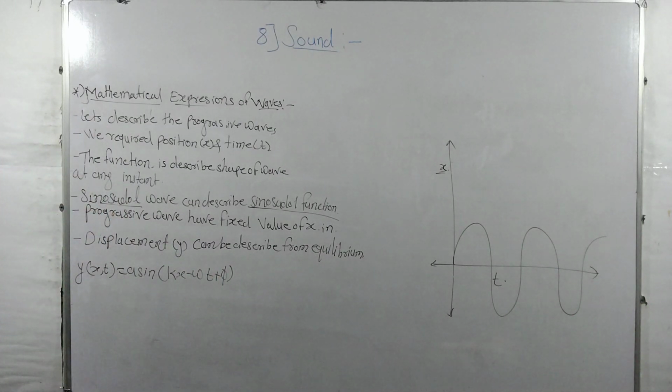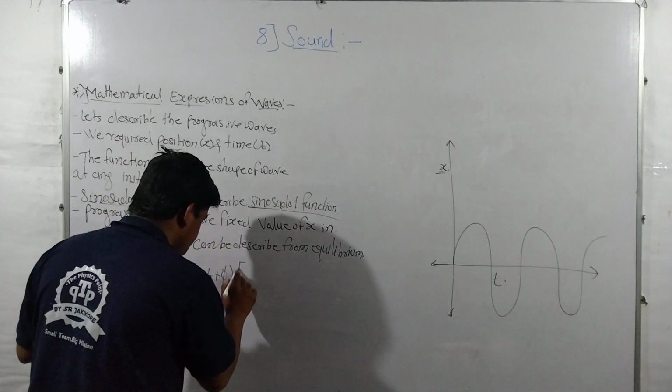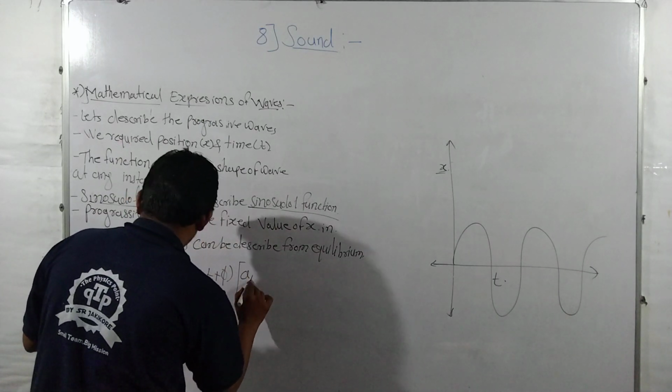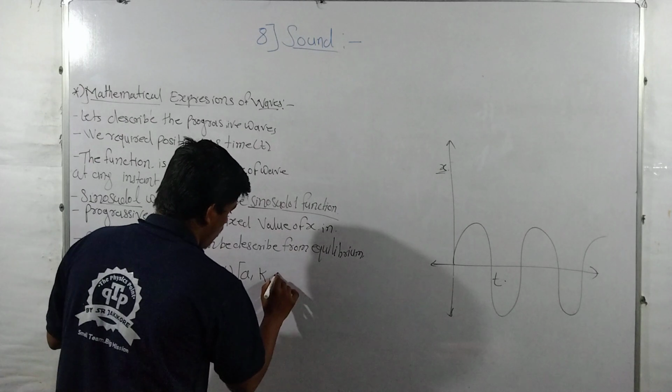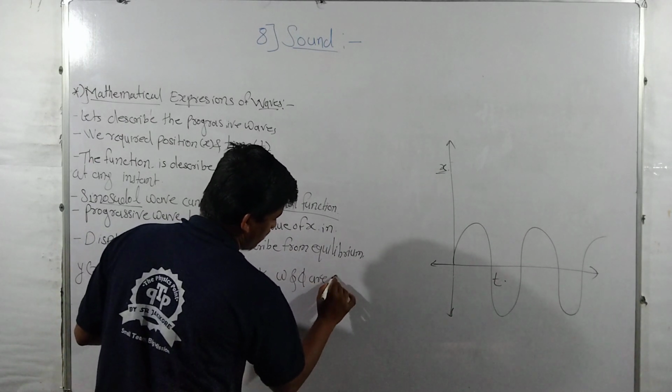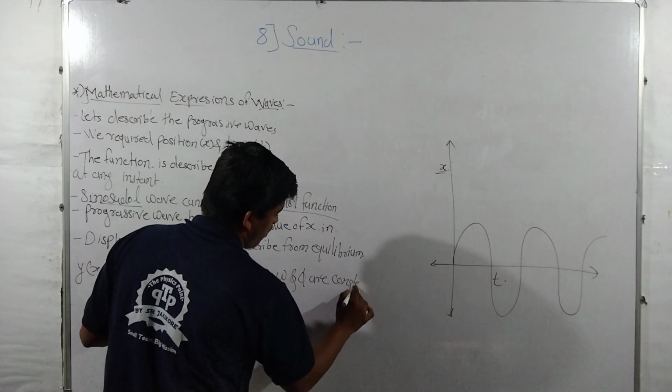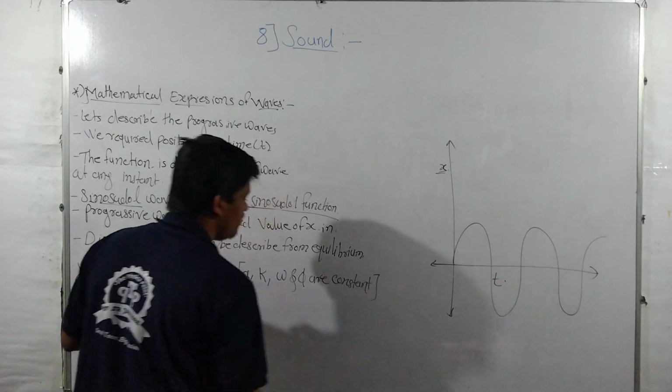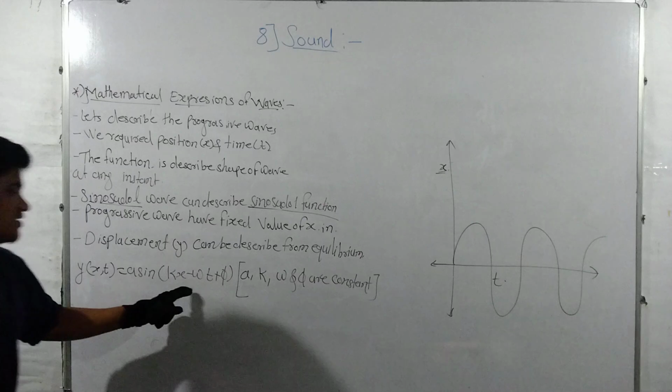Here A, k, omega and phi are constants, because we are studying under the graph of x versus t.